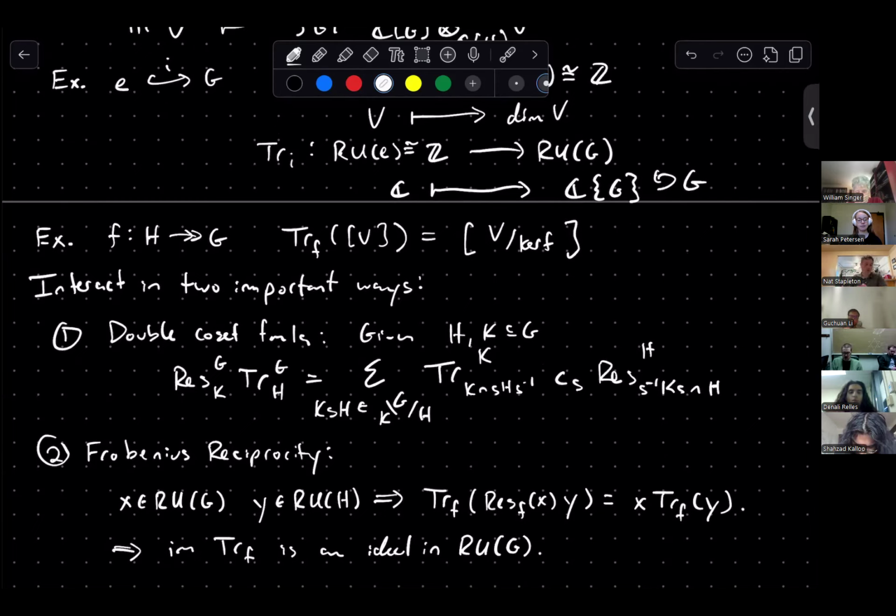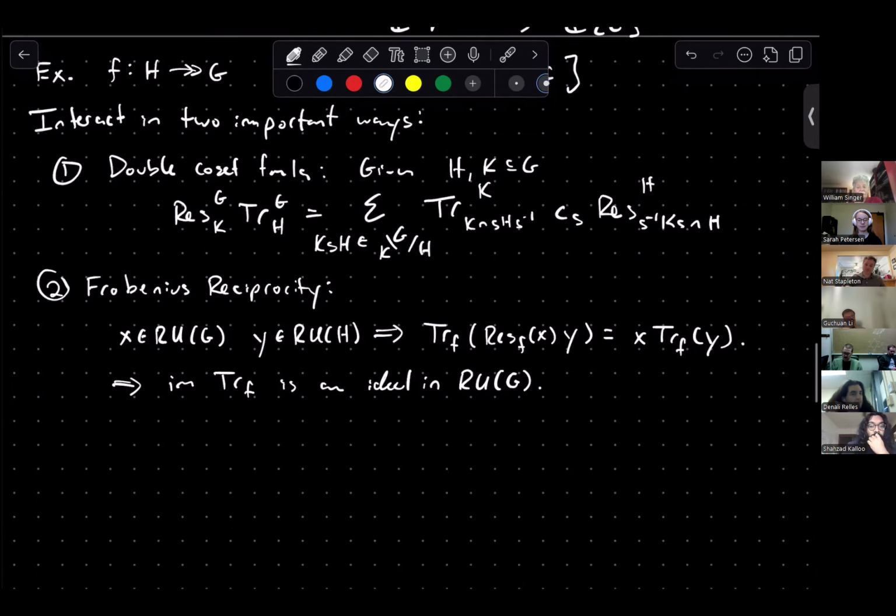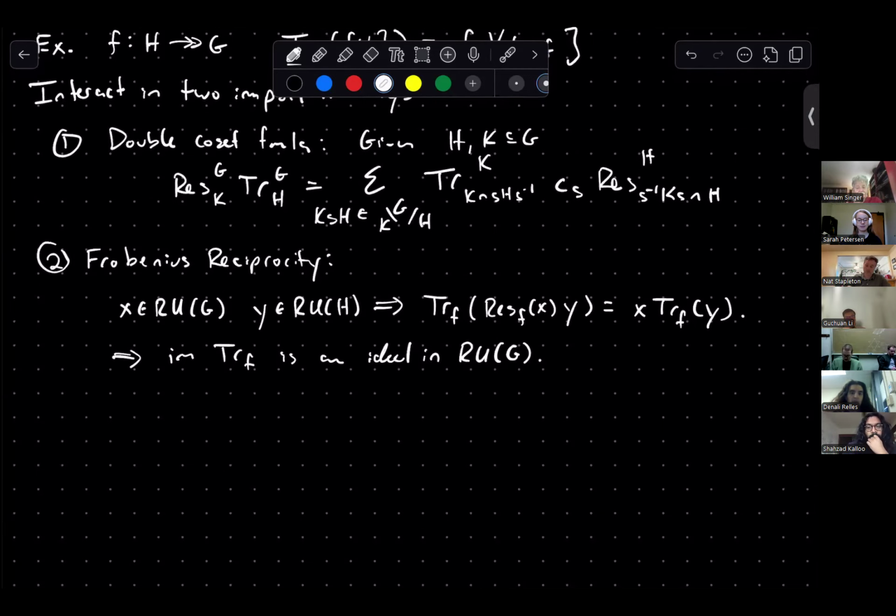Okay, I want to do a more involved example with restrictions and transfers, using the fact that we have calculated things about representation rings on cyclic groups already pretty completely. So, okay, let's do an example.